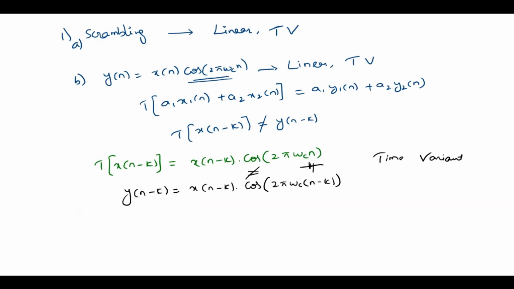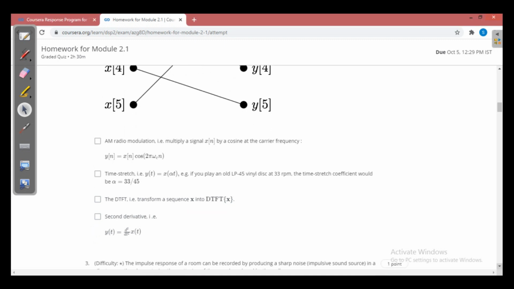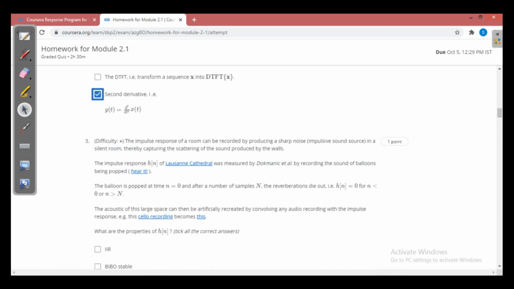We proved that it is linear but time variant. Next, y of t is equal to x of alpha t is also time variant, and the DTFT is also a time variant function. Second derivative is time invariant, so all the remaining ones are time variant.